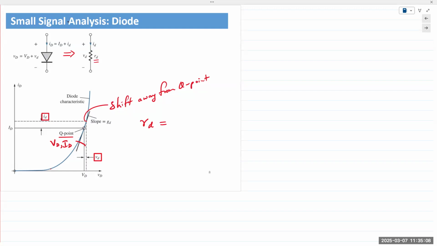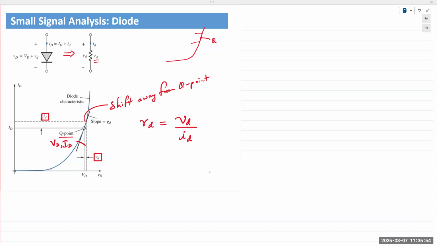For AC resistance, you can take any 2 points. Again, as I said, usually when I start solving, I like to take 2 points on either side of the Q point. So if my diode curve is like this and this is my original Q point, I would choose a point above and I would choose a point below. And again, depending on where your original Q point lies on the curve, the resistance values would be different. In this case, rd would be the change in voltage divided by the change in current.